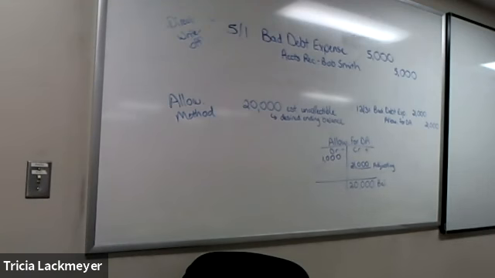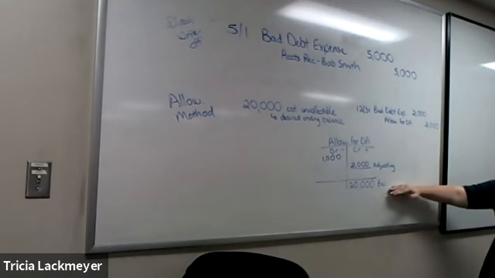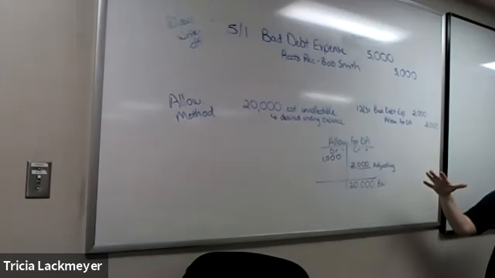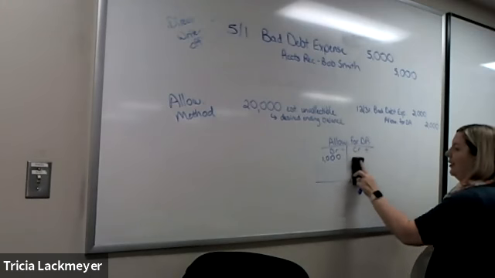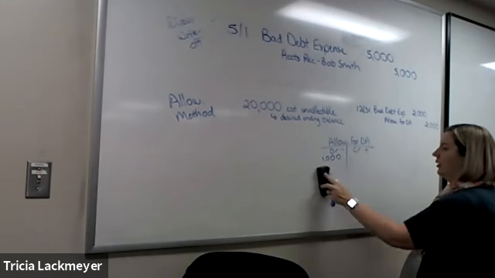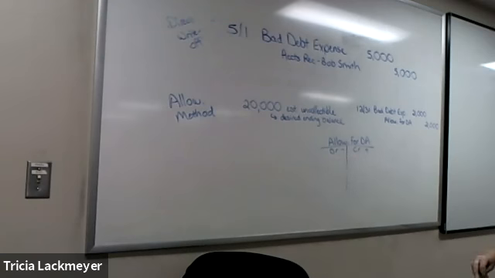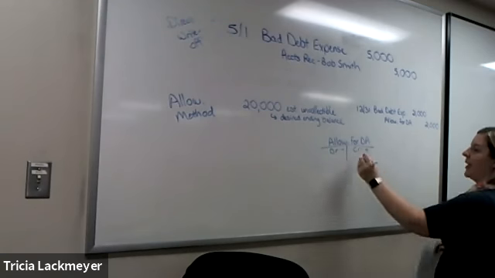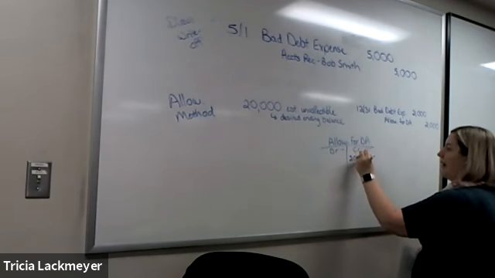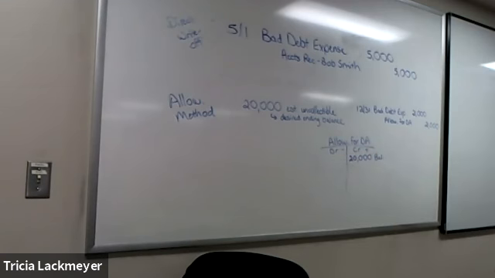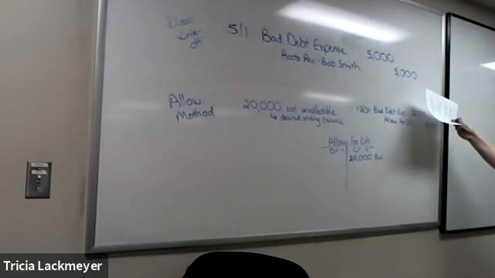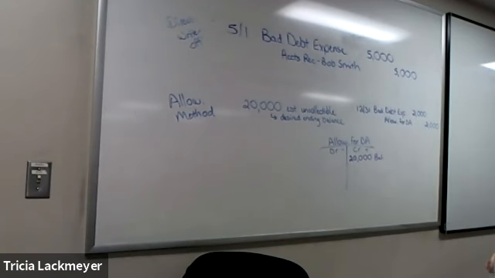Okay. So this is as of December 31st, which becomes the January 1st balance, right? So we're in the next year. Let's just assume we're starting January 1st and we have a $20,000 balance here. And we think Bob Smith's $5,000 account is uncollectible.